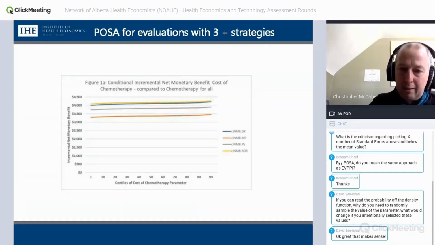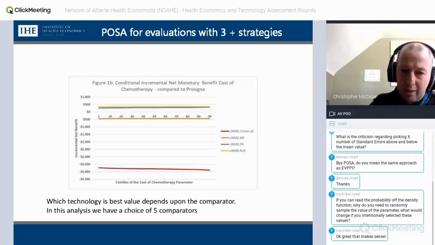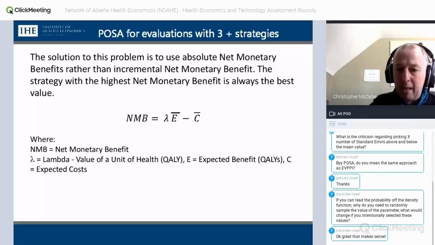So that's not particularly helpful to get results that are so unstable. Decision makers are not going to be sure what to do with that. So that's a limitation. We don't want to be in the incremental space when we have more than one strategy, because we then don't get a definitive set of results that we can present to the decision maker.